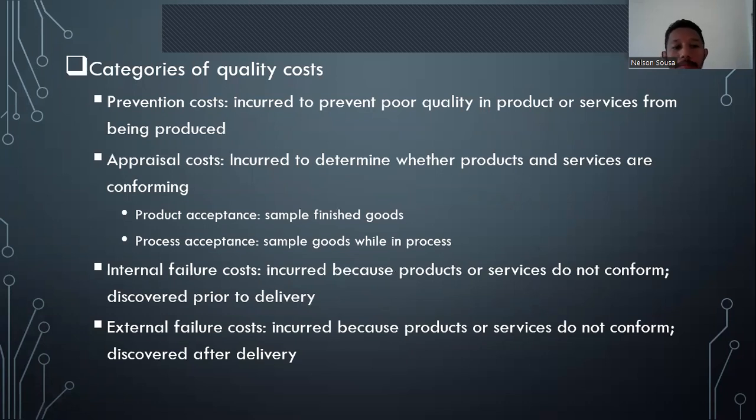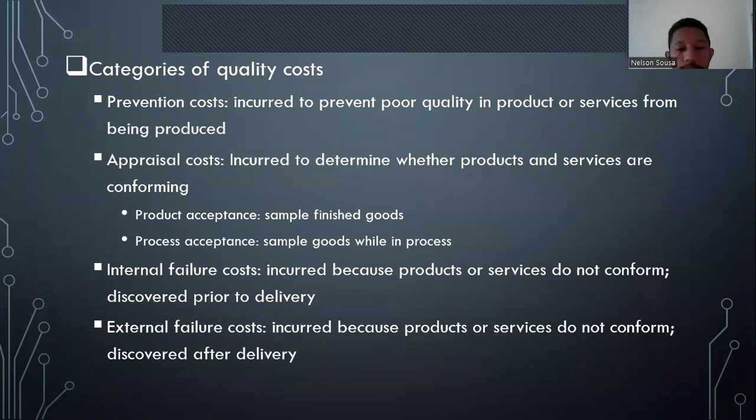There are 4 categories of quality cost. The first one, prevention cost. It is incurred to prevent poor quality in products or services from being produced. The second is appraisal cost. It's incurred to determine whether products and services are conforming. There are product acceptance, which samples finished goods, and process acceptance, which samples goods while in process.